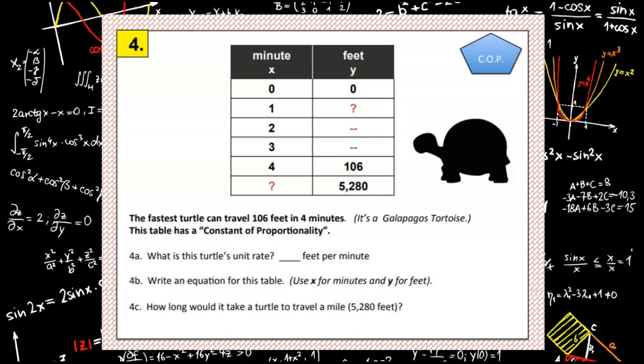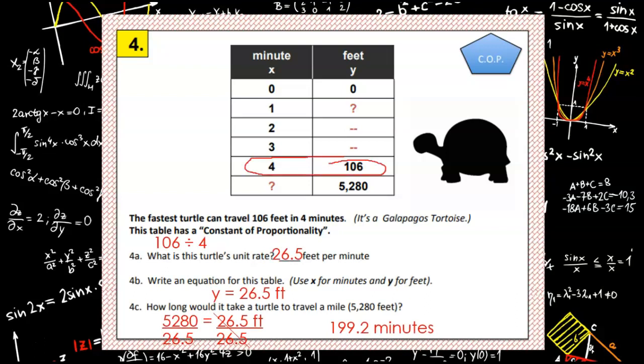Number 4, the fastest turtle can travel 106 feet in 4 minutes. This table has a constant of proportionality. So find the unit rate, write the equation, and tell me how long it would take the turtle to travel 1 mile. All right, so 106 divided by 4 minutes.